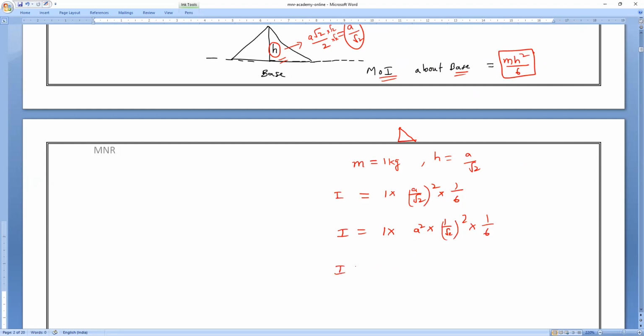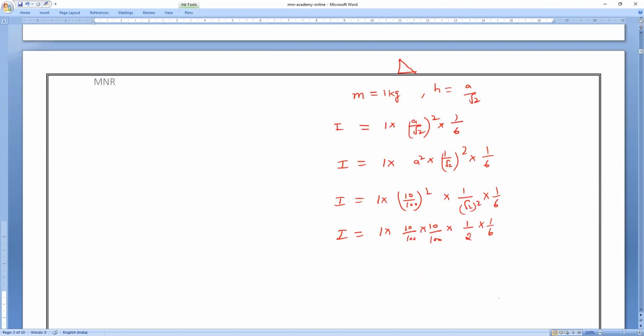The a value is 10 by 100, whole square. So I is equal to 1 into 10 by 100 into 10 by 100, because whole square, into 1 by 2 into 1 by 6. So now you can cancel. 0, 0 will get cancelled, 0, 0 will get cancelled. What is remaining?